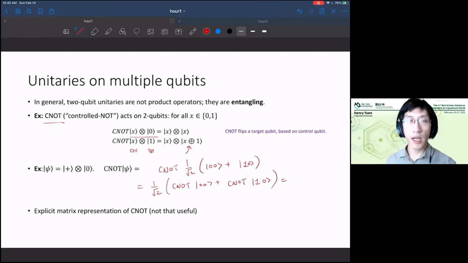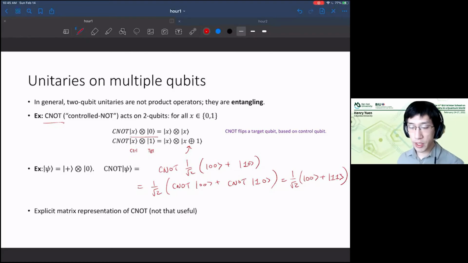C-NOT leaves the 0, 0 state alone. But when you apply it to the second term, the control qubit is in the state 1, so you have to flip the second qubit. So you get the state |0,0⟩ plus |1,1⟩, which is this EPR pair.